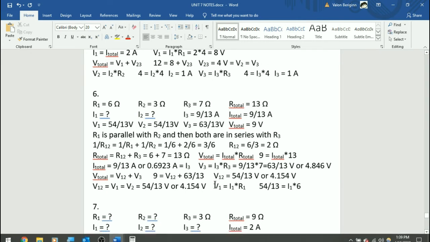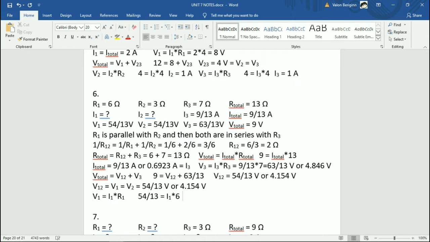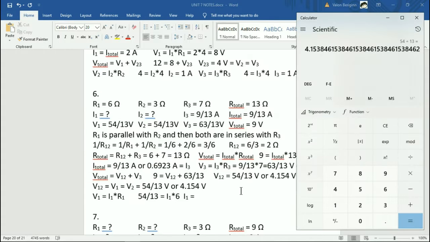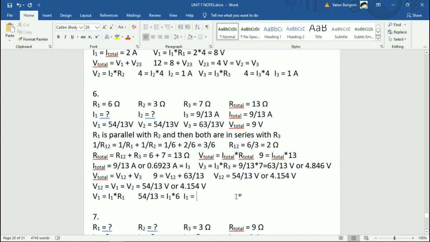Let me move this all down a row so it's all together. So I1 equals 54 divided by 13, divided by 6, it should be 9/13. Wait, that's not right.